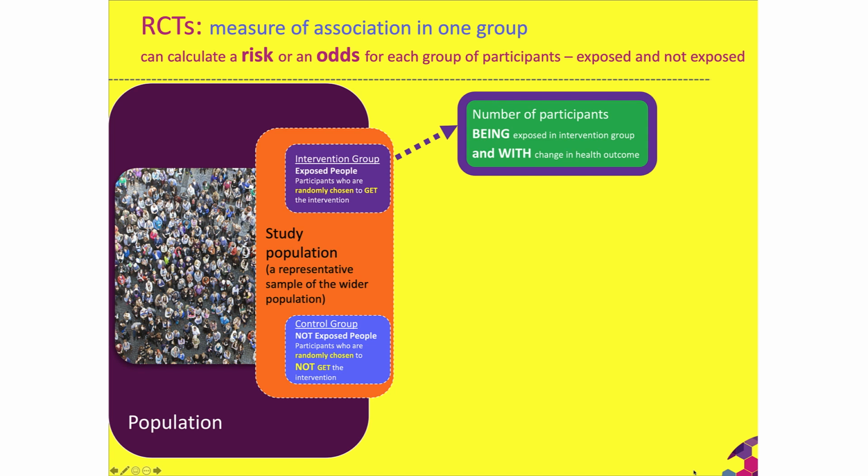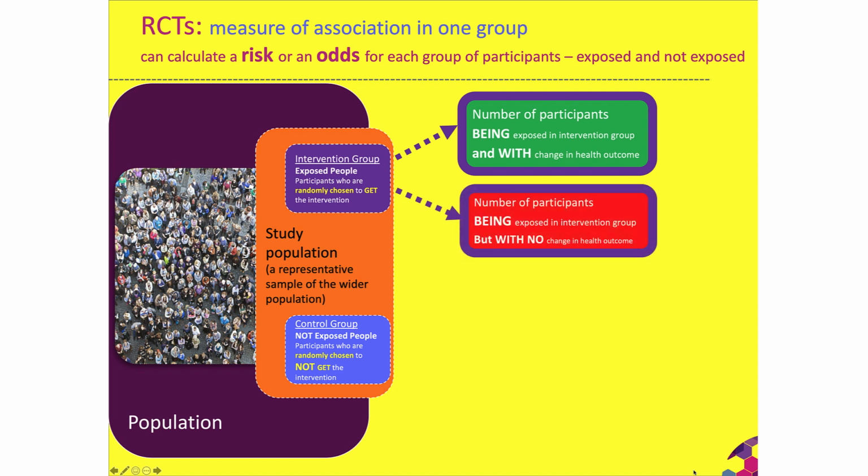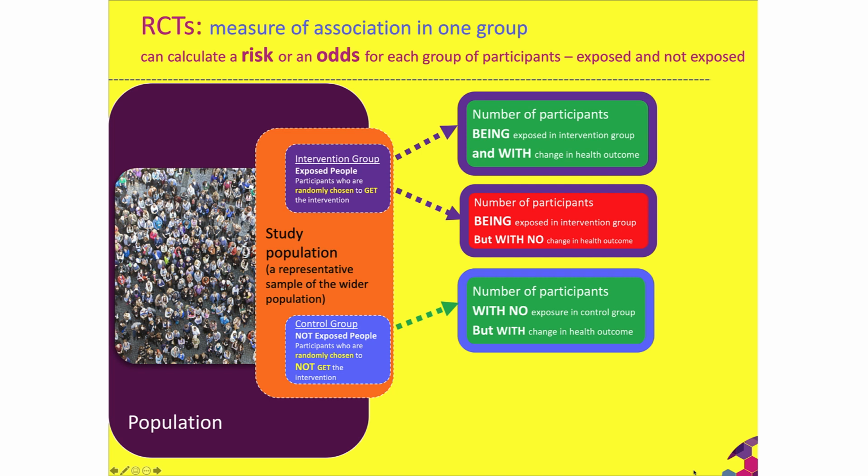And so we'll have a number of participants being exposed in the intervention group but with a change in health outcome, and then a number of participants being exposed in the intervention group but with no change in health outcome, and then a number of participants in the control group that have not been exposed to the intervention but who also have a change in health outcome.